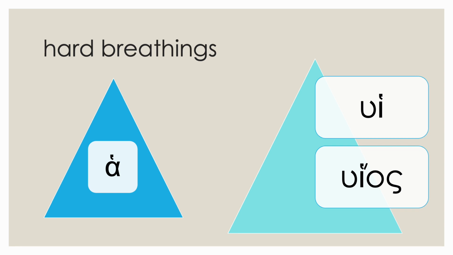On the right here, you see an example of that with the diphthong upsilon iota. To put that in an example word, we have huios. This means son. So it's a common word in the New Testament, such as Son of God.